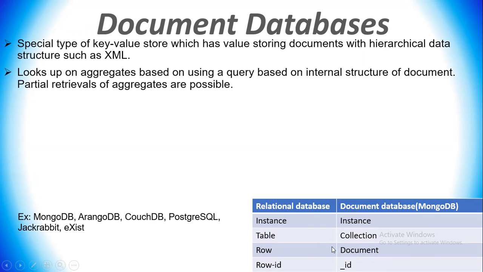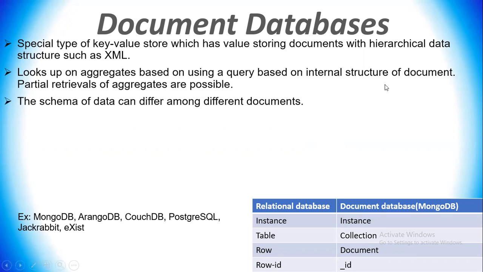And as I told you before, in these document type databases, partial retrieval, or retrieving part of the document, is possible. For example, if you want to get some part of an HTML document without bringing the whole HTML document, you can bring some block within the HTML document using this document type database.